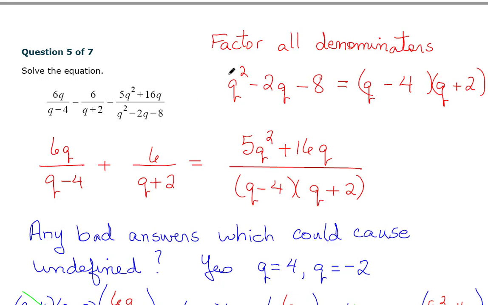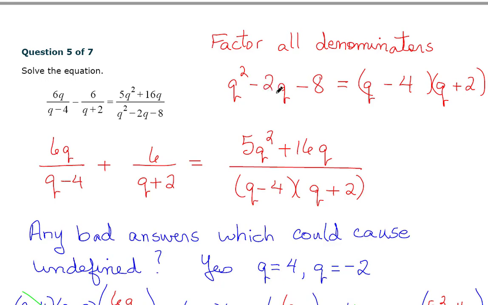What about this piece? Let's see. Can I split this up? Let's see. q minus 4, q plus 2. q times 2q, q squared. From the middle, I've got a minus 4q. I got a 2q from there.